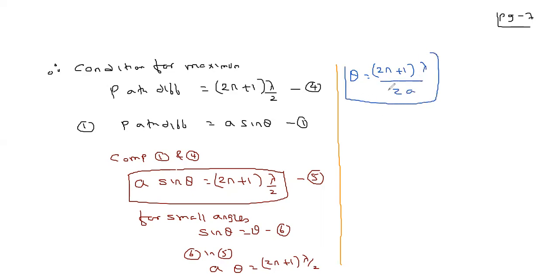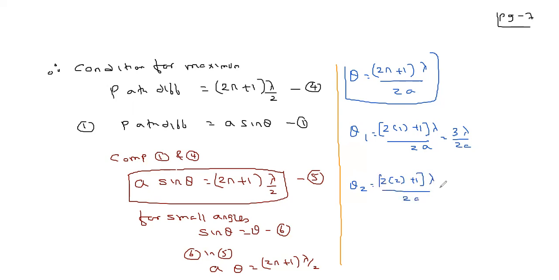Theta 1 is 2 into 1 plus 1 lambda by 2a, nothing but 3 lambda by 2a. Theta 2 is 2 into 2 plus 1 lambda by 2a, equal to 5 lambda by 2a. Theta 3 is 2 into 3 plus 1 lambda by 2a, that is 7 lambda by 2a, and so on.